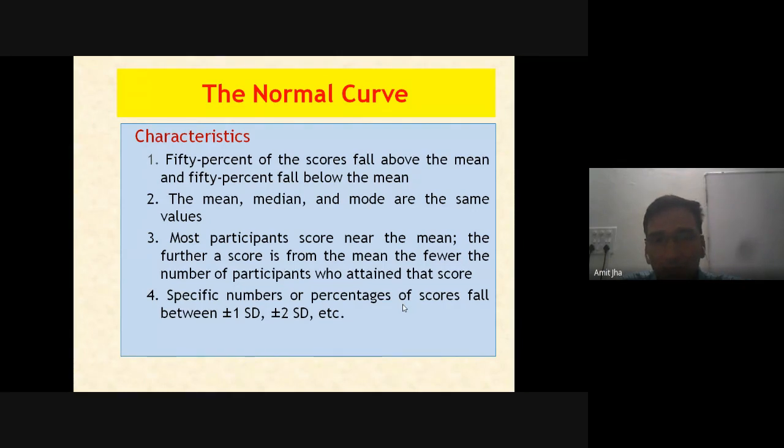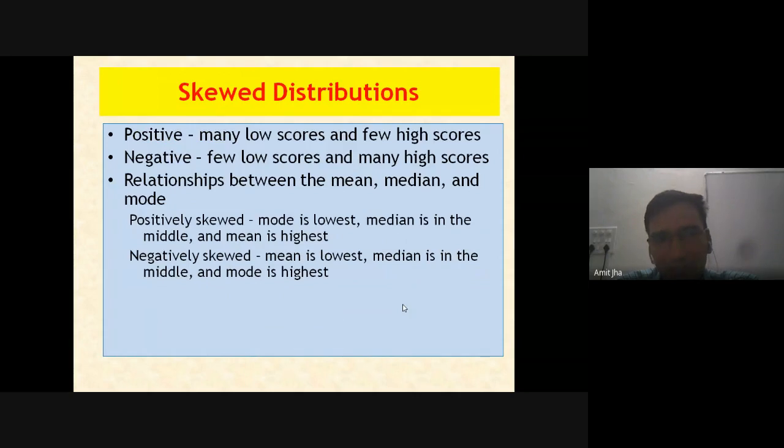And here the mean, median, mode are the same value. Most participants scored near the mean. The further the score is from the mean, the fewer the number of participants who attain that score. And the specific percentage of scores falls between plus minus 1 standard deviation, plus minus 2 standard deviations, etc.